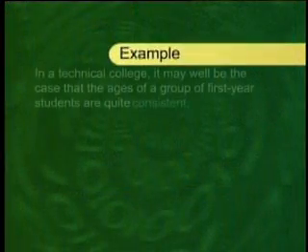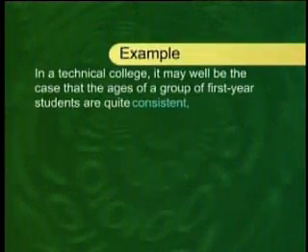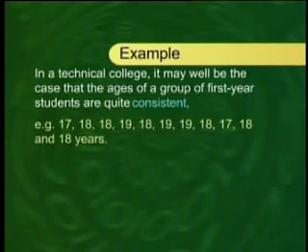Let me explain this point to you with the help of an example. In a technical college, it may well be the case that the ages of a group of first-year students are quite consistent. For example, 17, 18, 18, 19, 18, and so on. They may all be more or less of the same age.